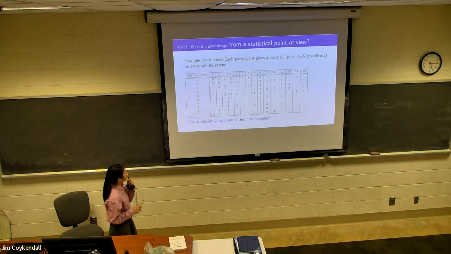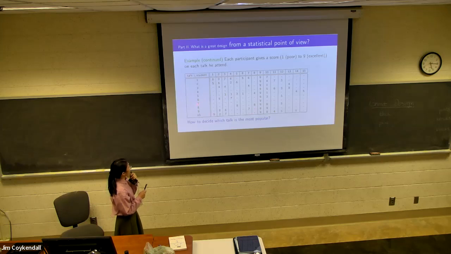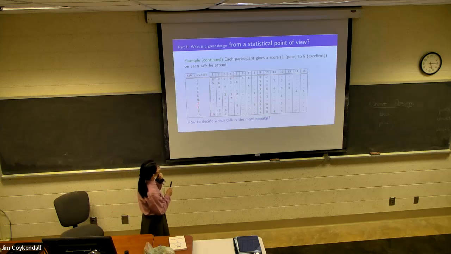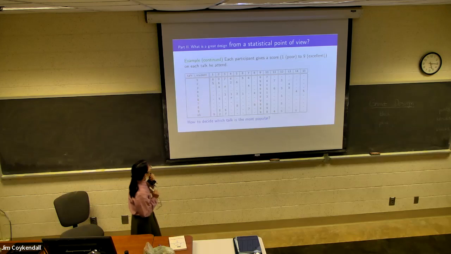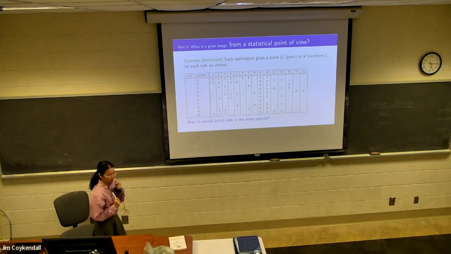Some talks have more audience, but probably the score is not that high. Some talks have less audience. This one only gets 1 audience, but its score is the highest. So talk number 7, the average score for talk 7 should be the highest, but probably you won't choose this talk.